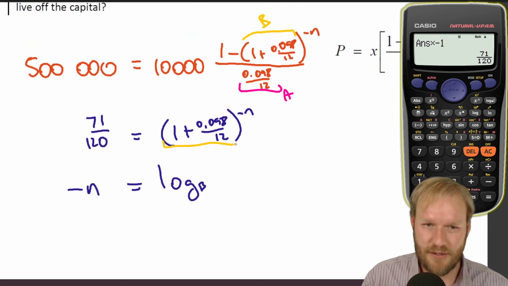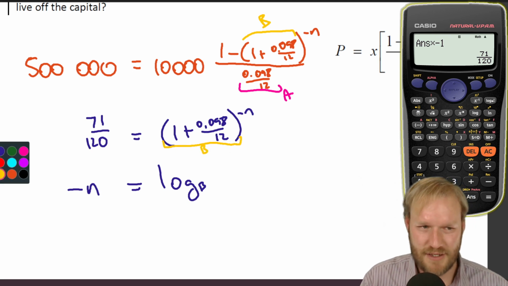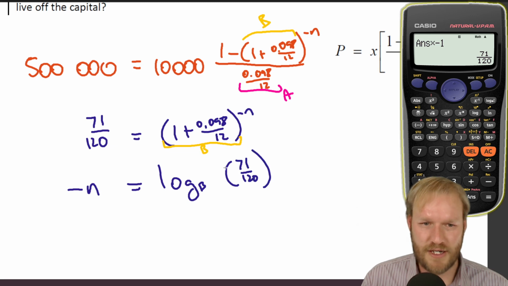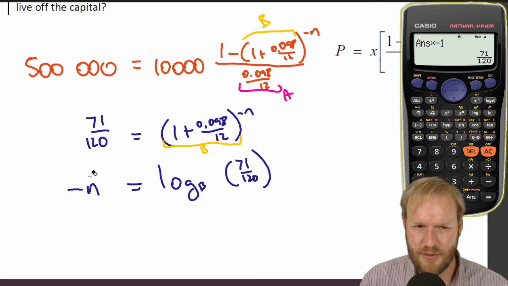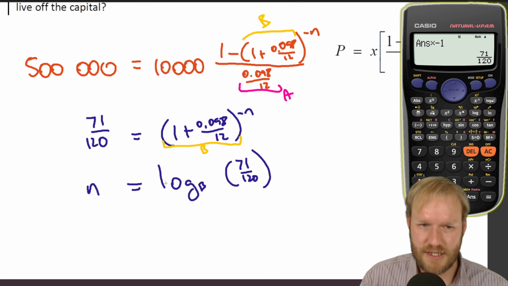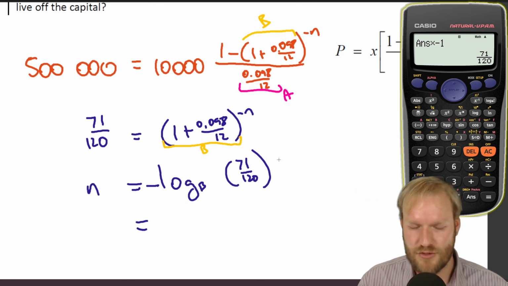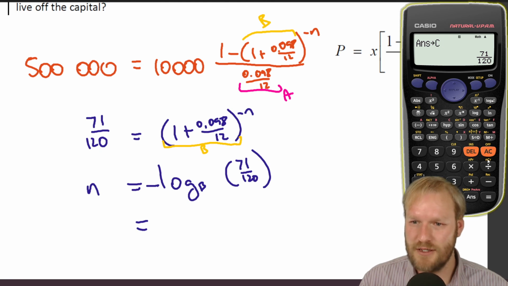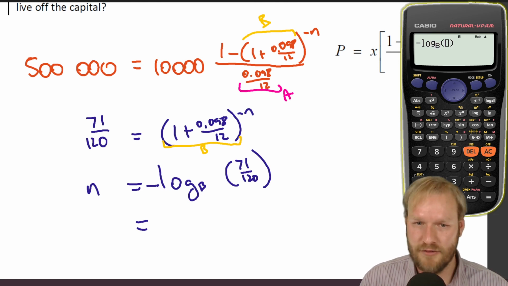Now we don't want negative n, we want positive n, so multiply both sides by -1, and into our beloved calculator it goes. I'm going to put that in C. So we've got minus log base b of 71 over 120, and I get 64 and a half, give or take.